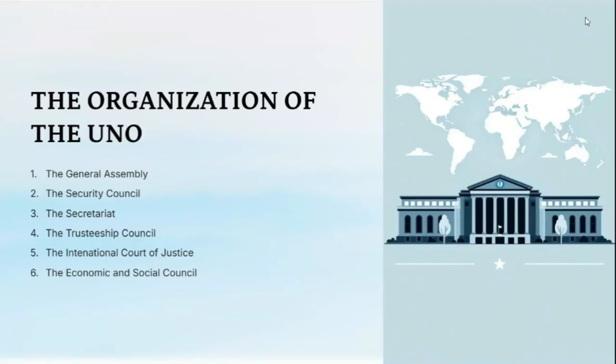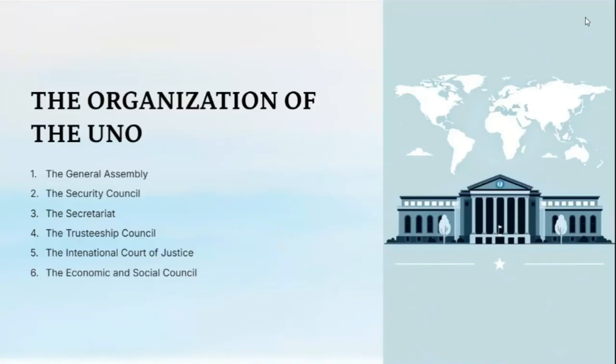The Economic and Social Council is made up of 27 members. This topic is very broad. I'm just trying to cut it short, but you can go and read more. When it comes to this and you're able to answer it, try to know every detail about it.